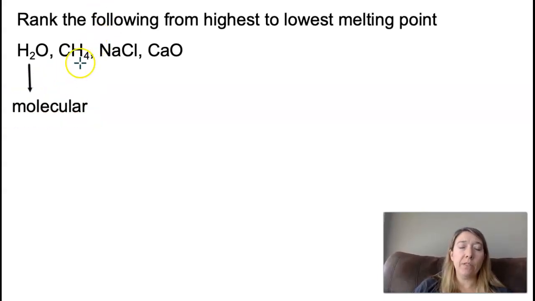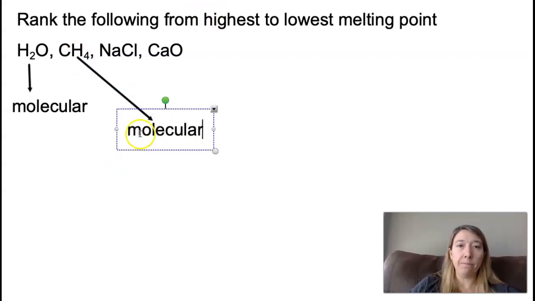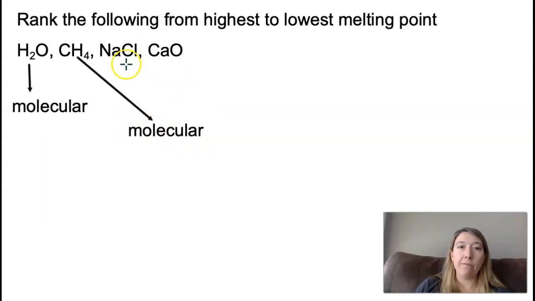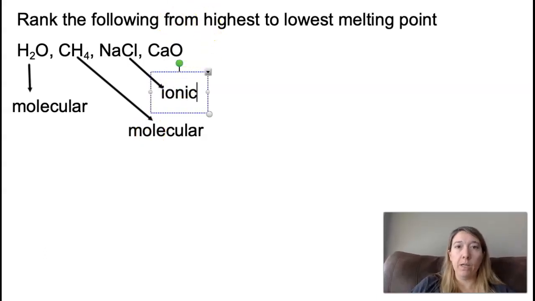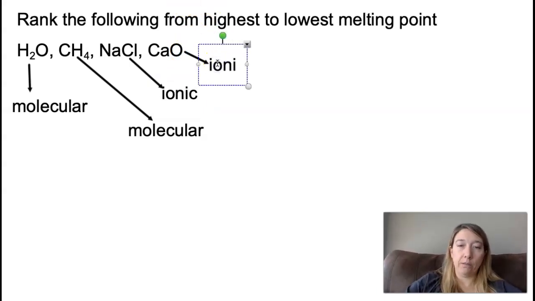Then we have CH4, right? CH4 is also a molecular compound. Then we have sodium chloride. Okay, this is ionic. And then we have calcium oxide, which is also going to be ionic.